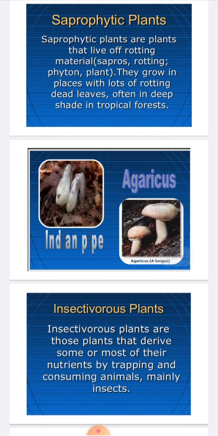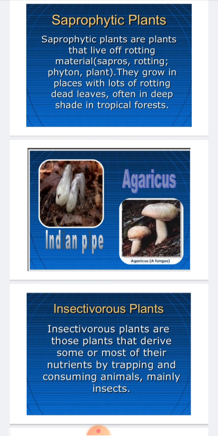Next, we are going to learn about saprophytic plants. The other term for saprophytic plants is saprotrophic plants. Saprophytic plants are plants that live off rotting materials. They grow in places with loads of rotting dead leaves, often in deep shade in tropical forest.